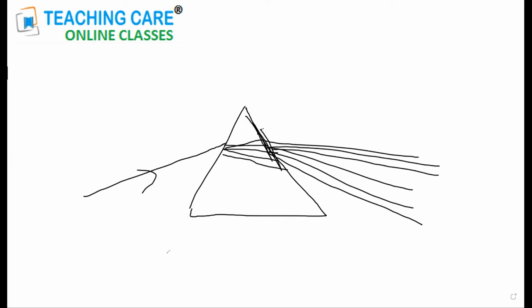Other materials including solids and liquids transmit sound. Written? Yes. Mark this point as important.